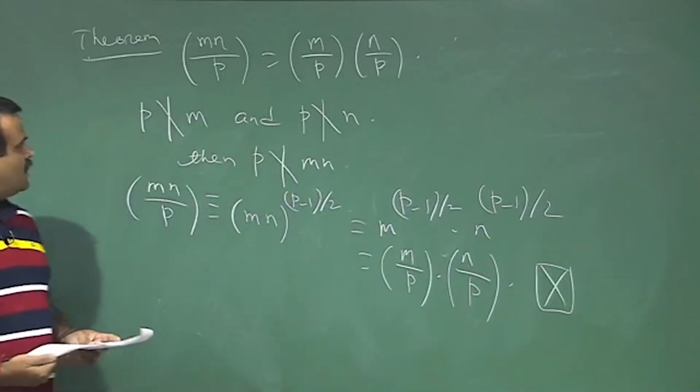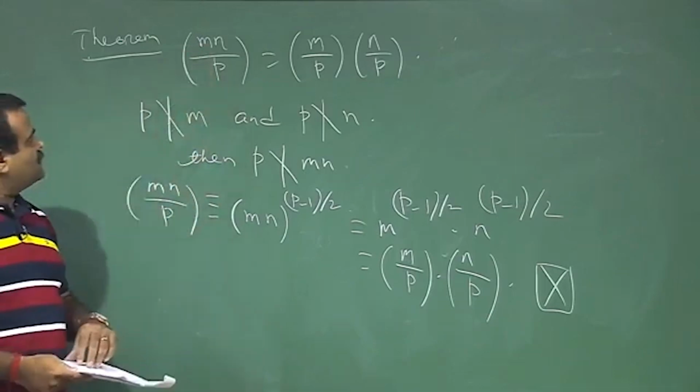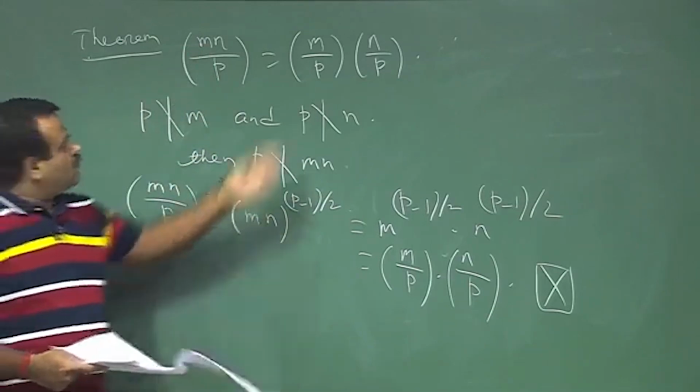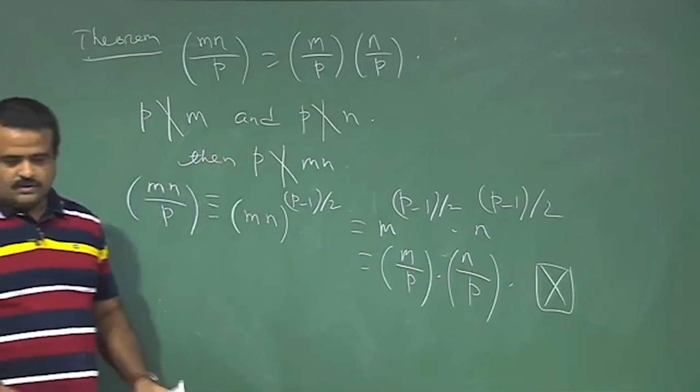If we have the product mn, then it is the product of the individual Legendre symbols.